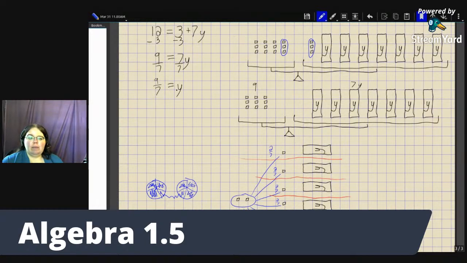But now you're saying, hey, wait, what's going on here? We're getting 9/7 here, 1 and 2/7 there. Well, so first of all, for algebra, usually this answer right here is good enough. Now, sometimes for an application problem, you might need something in a little bit different form. So you might say, okay, let's simplify that. So let's take that 9 and divide it by 7.